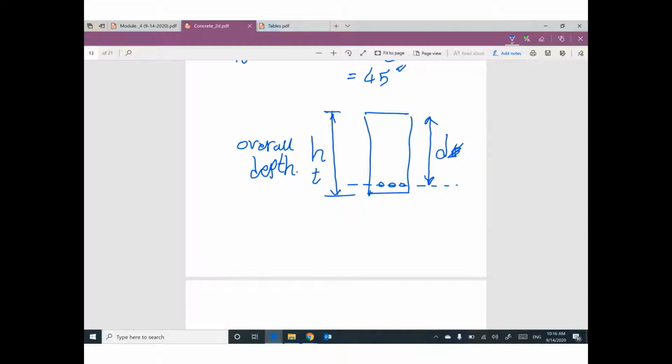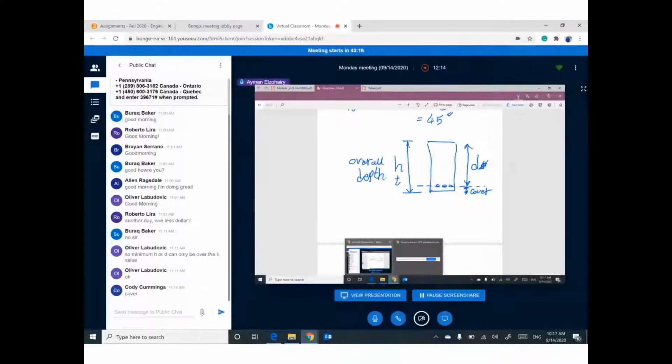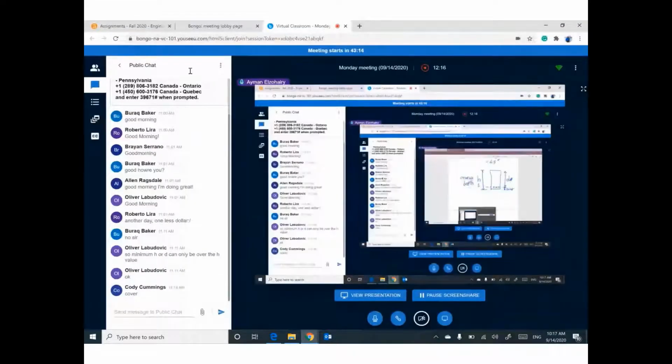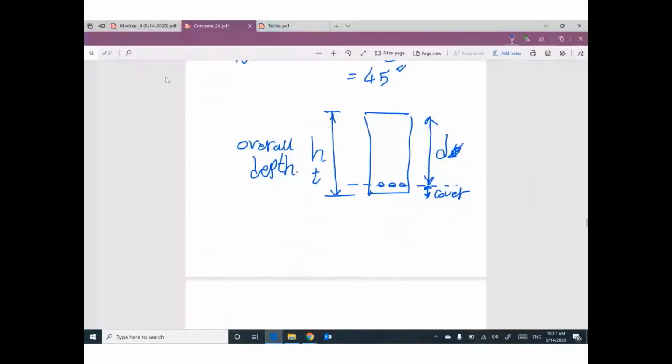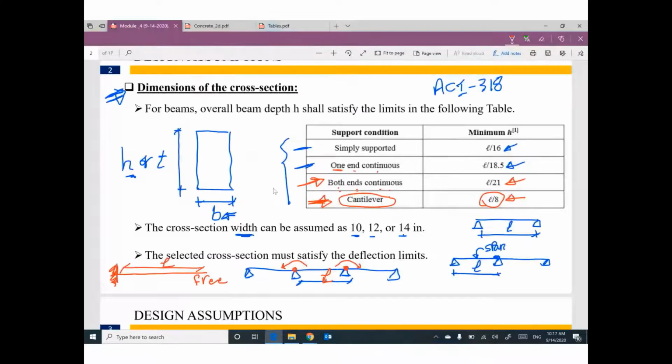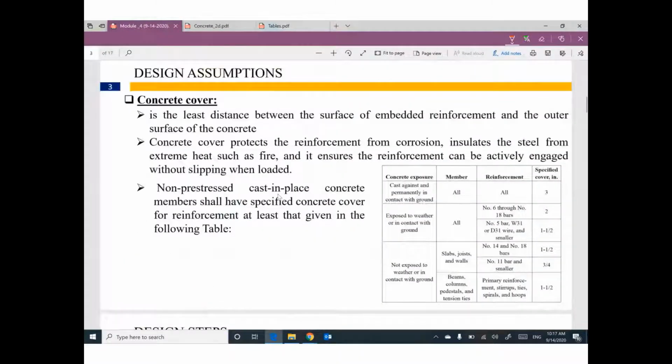So we need to subtract this little distance. Do you remember what is the name of this little distance? Cover. Yes, thank you, Cody. This is called cover.